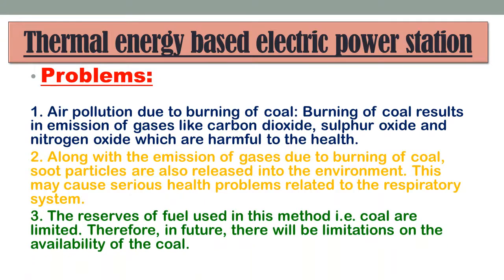And the third major problem is that the reserves of fuel used in this method, that is coal, are limited. If these sources are limited, then how could they be used to generate electricity in the future? Therefore in future there will be limitations on the availability of coal. So these are all major problems to the environment and health also.